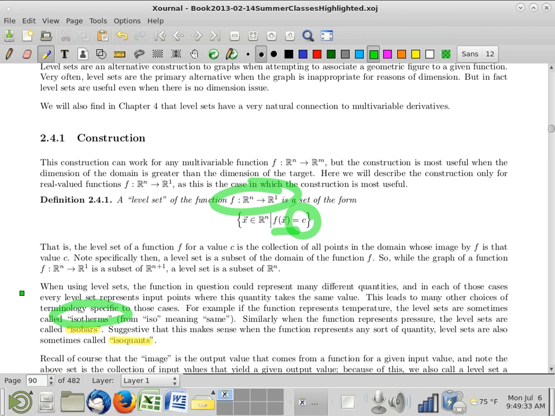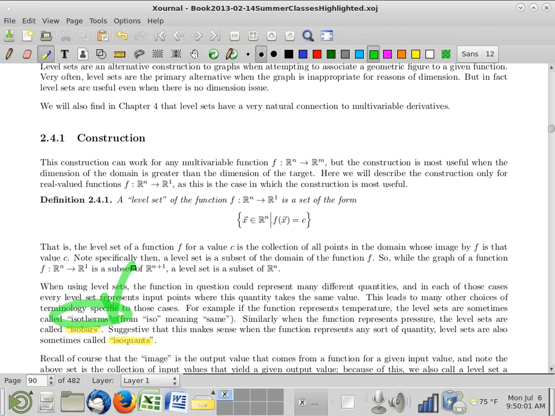If you're looking at the weather on the news, or online, as might be more common these days, and you see these pictures that show various streaks of different colors, and the lines in between, those lines are points where the temperature is the same. Those are in fact level sets of the temperature function. They don't call them level sets, they call them isotherms.